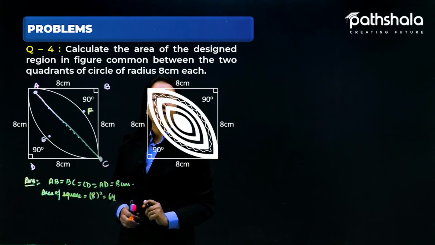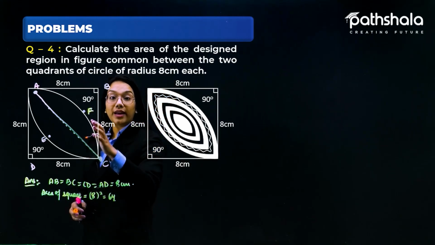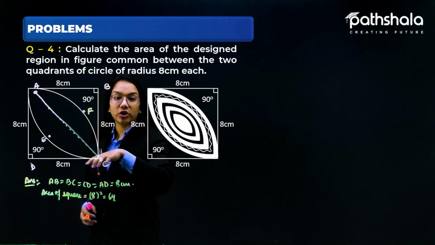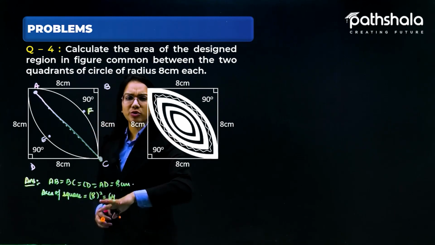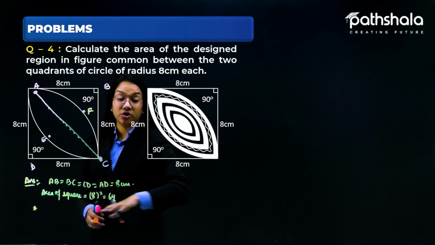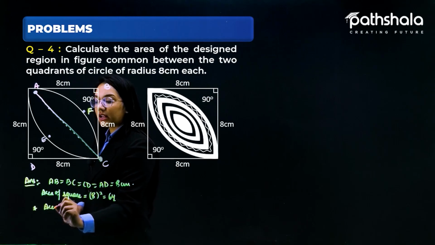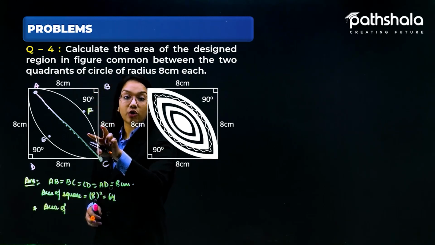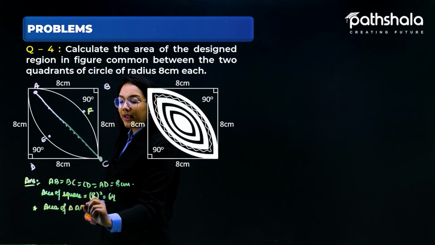Now let us calculate the area of this particular quadrant first, and then I will find the area of this particular triangle. Let me move the square aside, because right now I do not require its area. Let us take the area of the triangle ABC.